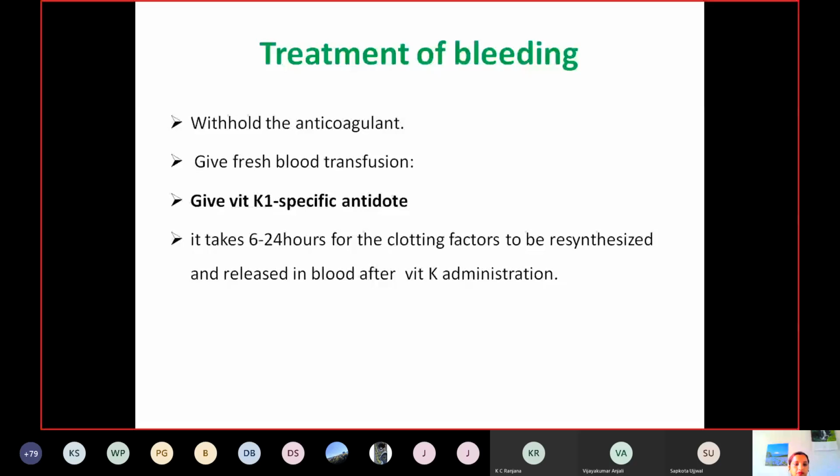And you have to give vitamin K, the specific antidote, which takes about 6 to 24 hours for the clotting factor to be resynthesized and released in the blood after vitamin K administration. So you have to immediately give vitamin K for the treatment of bleeding due to warfarin overdose.